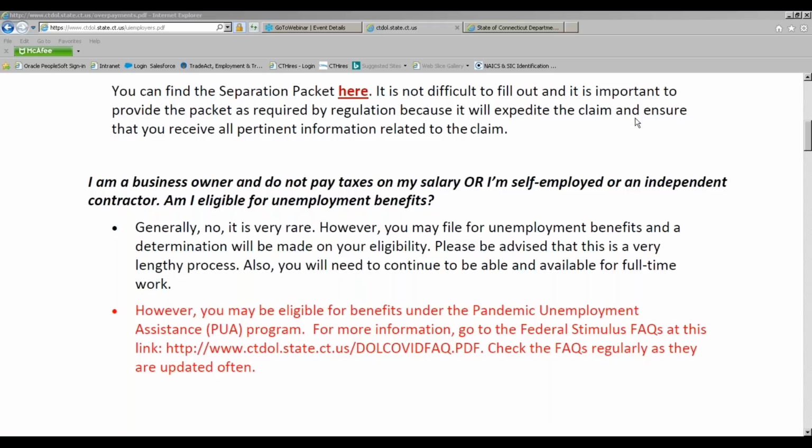I furloughed my employees, but I am going to be calling them back because I received this Payroll Protection Act funding. If the individual does not come back to employment, how do I notify the Department of Labor? This is Terry.